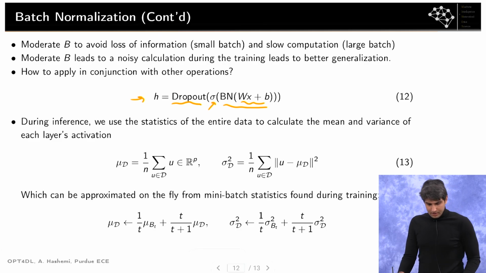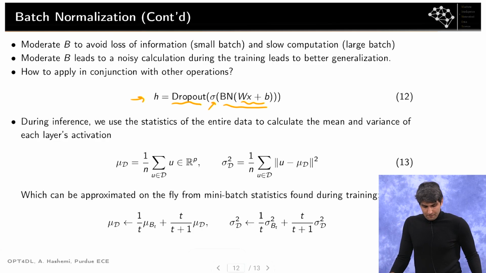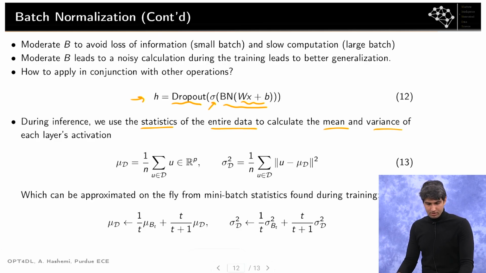Now, doing the inference basically means that once the training is done and we want to actually use our model, we're going to do a slightly different thing. Instead of using the statistics of the batch that I'm going to process during inference, I'm going to actually use the statistics of the entire training data to calculate the mean and the variance of each layer.